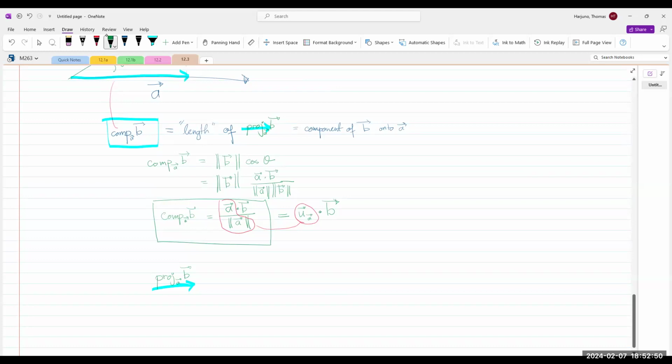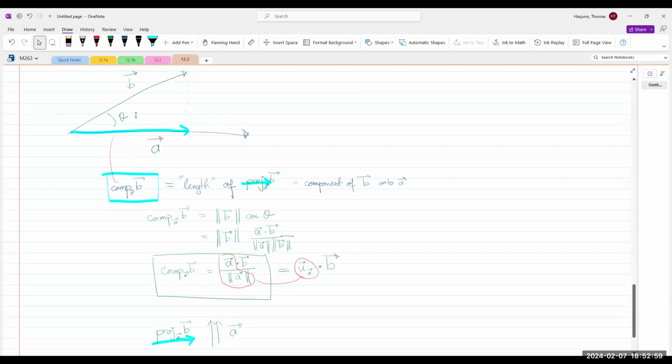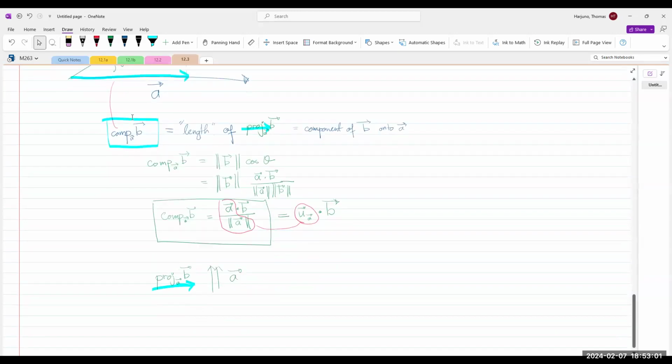That is parallel to vector A. Think about that. The projection of B onto A is parallel to vector A.